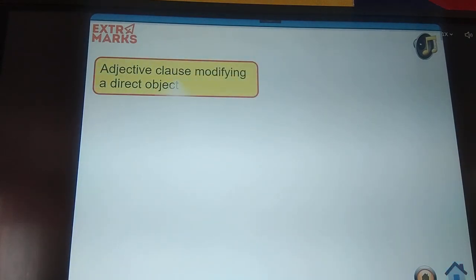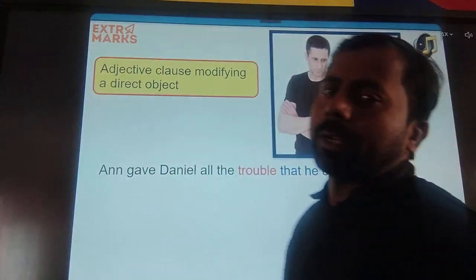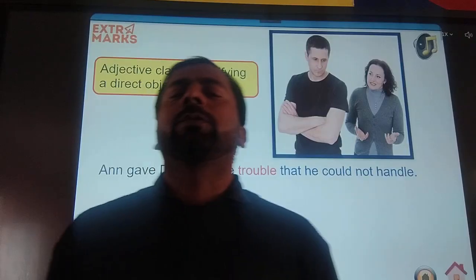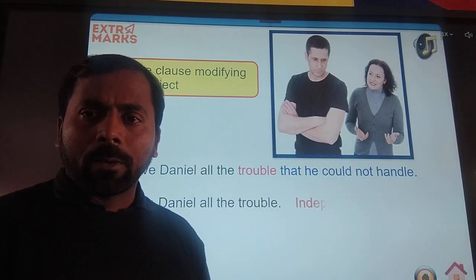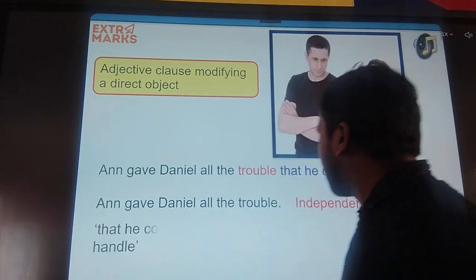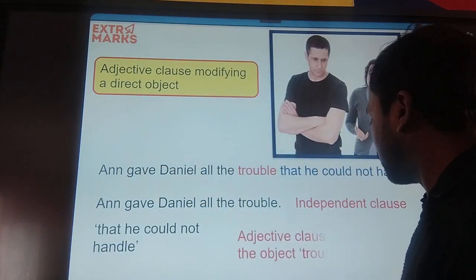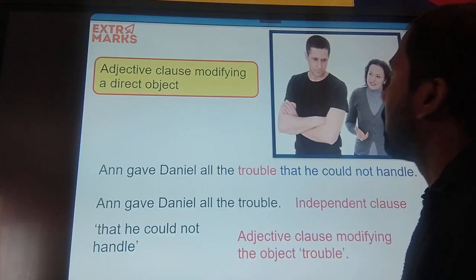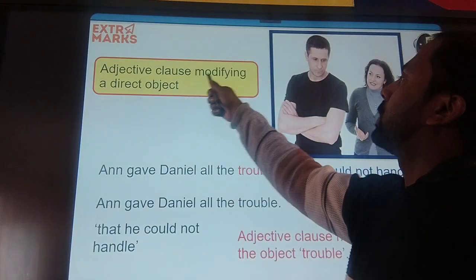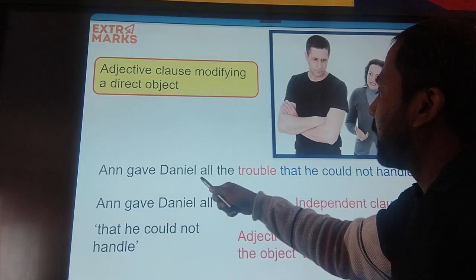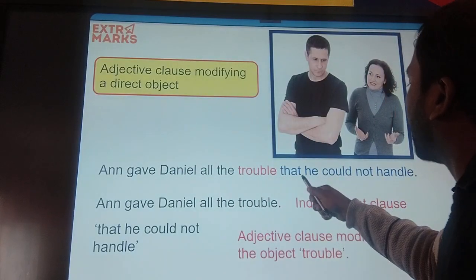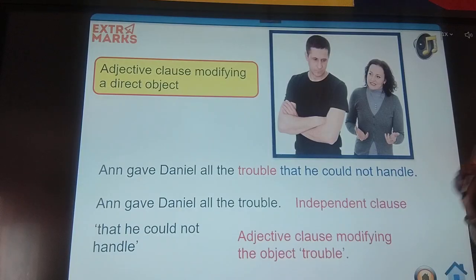Next, the adjective clause modifying a direct object. The direct object is a part of the sentence, usually at the end of the sentence. Clear? So you can see the adjective clause modifying a direct object: "Anna gave Daniels all the troubles that he could not handle."